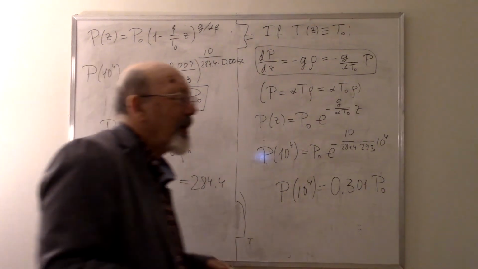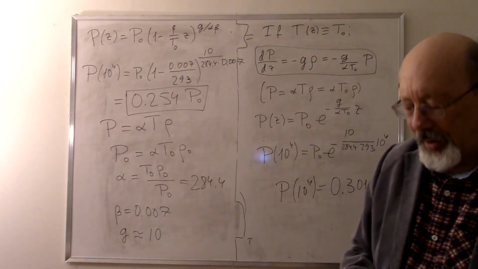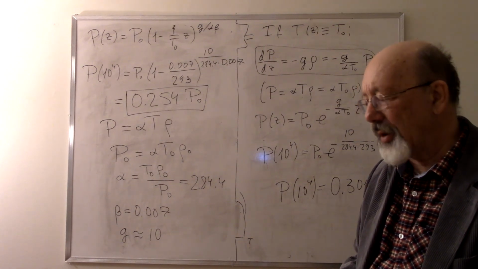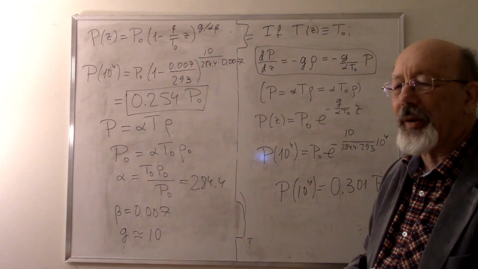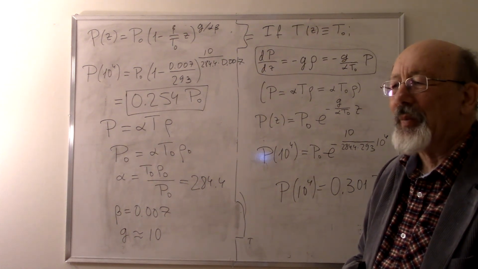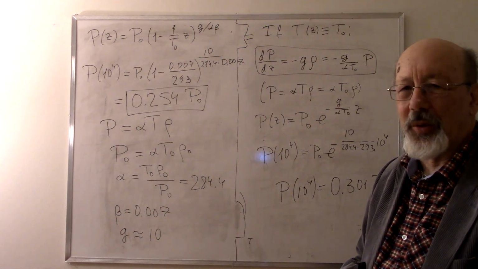So the error is just 5% in our forecast. It is not bad for applied problems with such primitive hypotheses and primitive tools. It is very good.